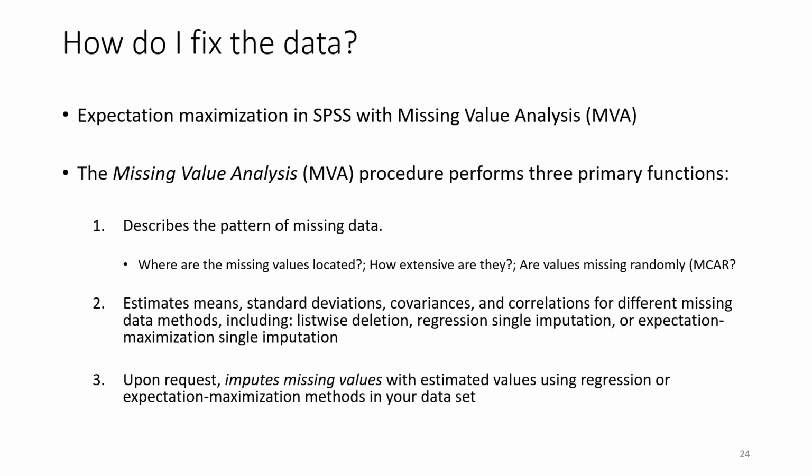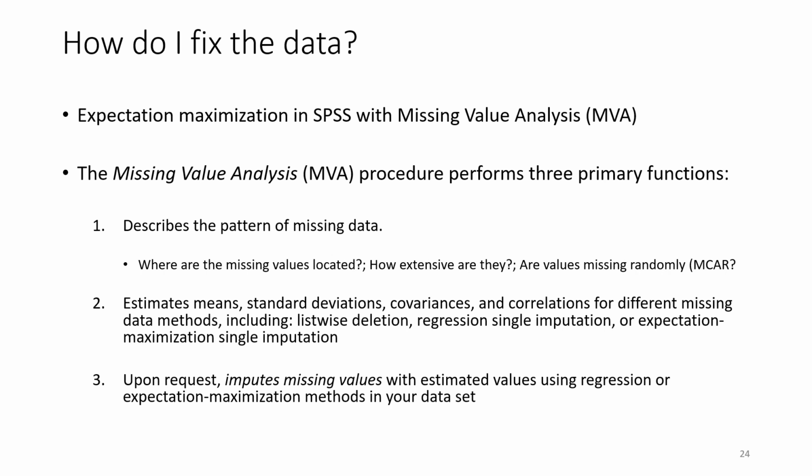The third thing that you can do with the missing value analysis is essentially impute the missing values. You have to request that they be imputed by checking a button. And essentially what this will do is create a new data set that imputes the missing values.